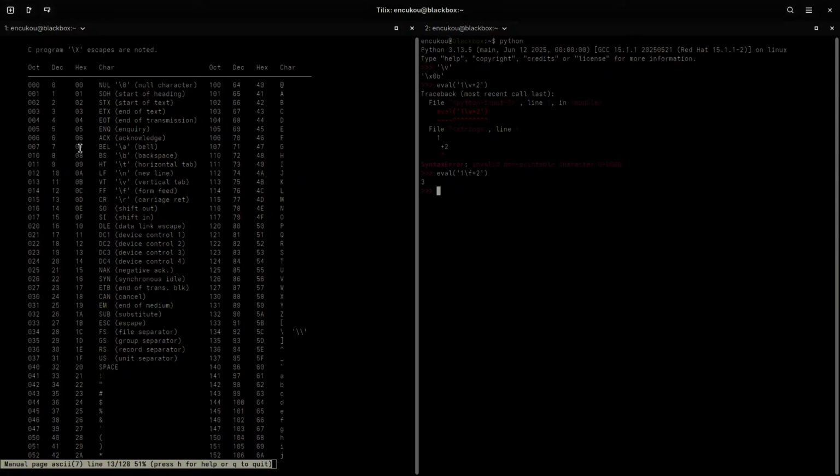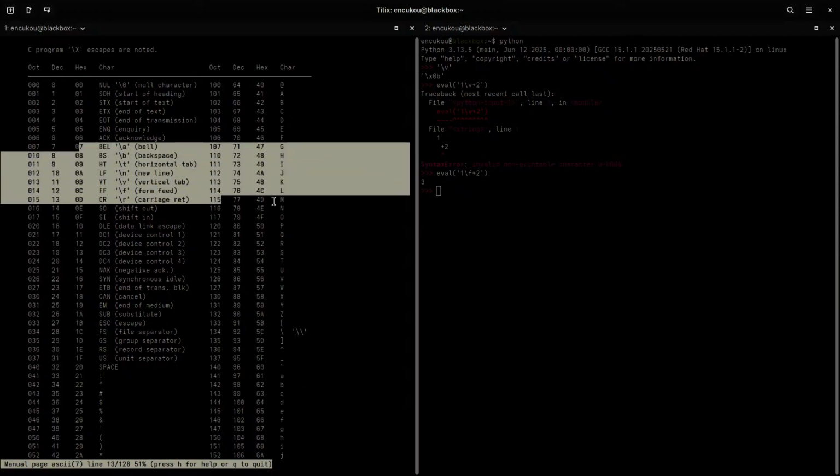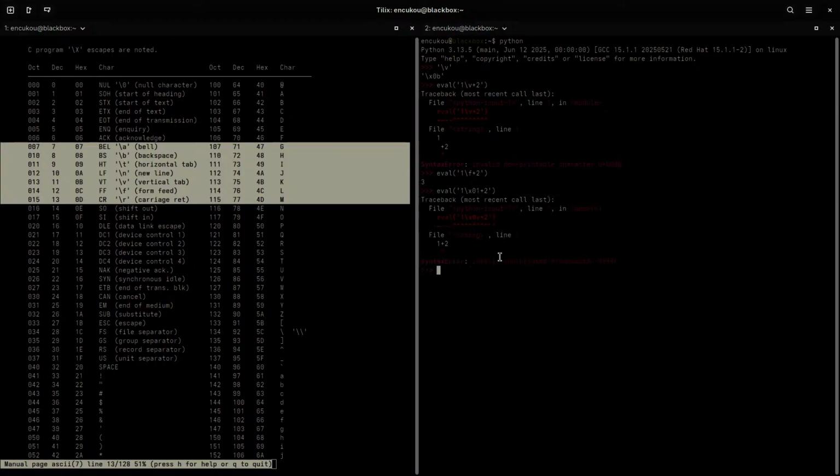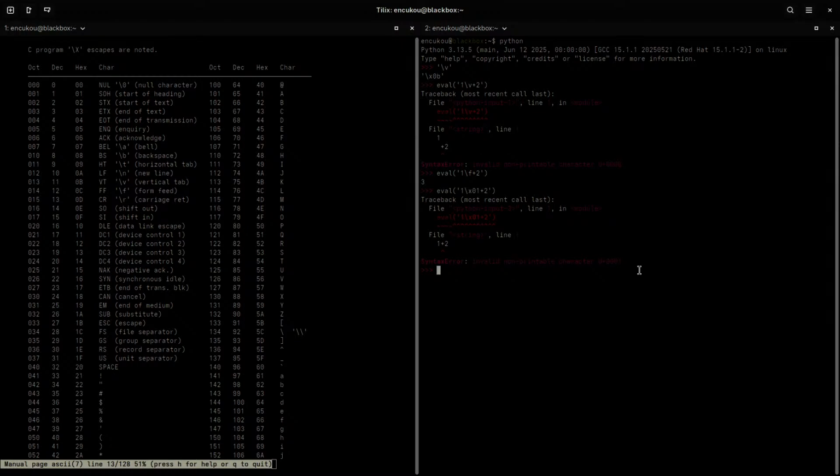But yeah, it would be nice to link the ones that do something. If I do like the start of heading, I'll get invalid non-printable character. So those we can just leave out of the table.